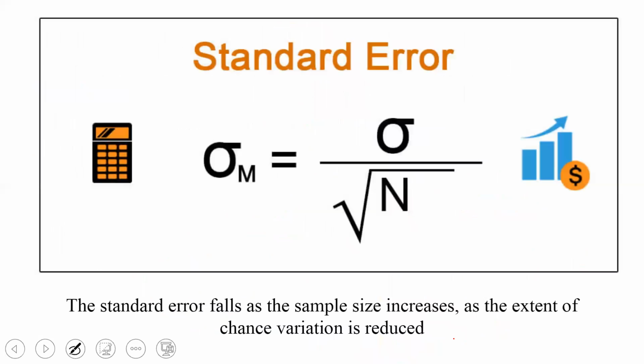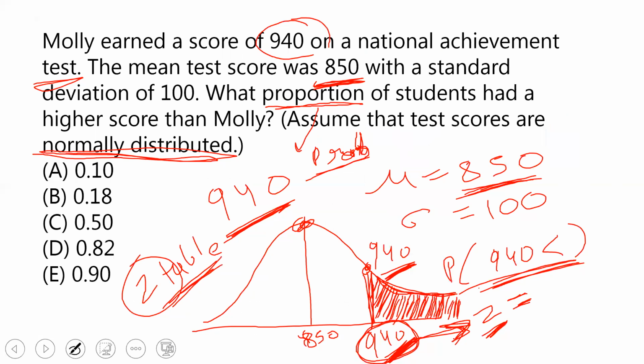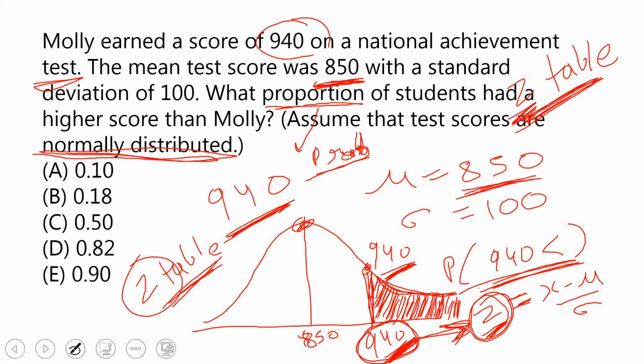Please tell, what is the formula for z value? I told you, right now only, it is x minus mu by sigma. So what you do, you find this z value. Then you go to the z table. Then you find the value for this z, and then you will get this area or this area.